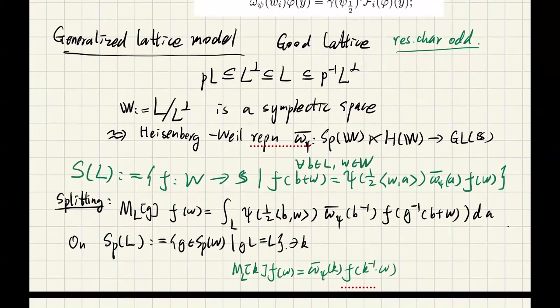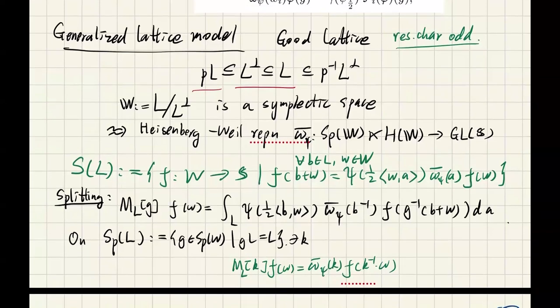There is another generalization of the lattice model called the generalized lattice model. In the lattice model, we require that L perpendicular is equal to L. In the generalized lattice model, we only require L perpendicular is contained in L, but it should not differ from L too much. It still should contain PL. It differs at most by one uniformizer, basically.